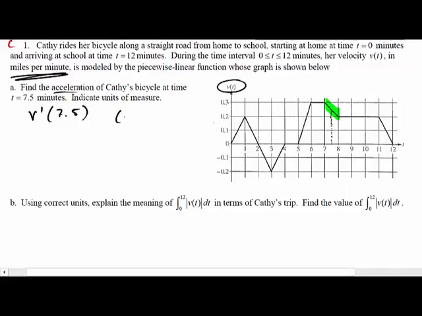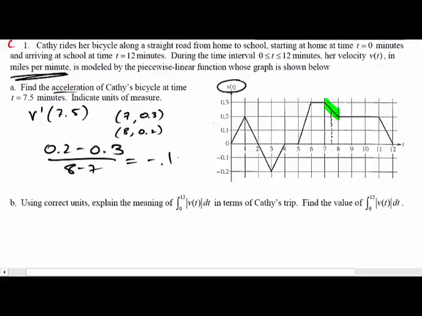I need (7, 0.3) and (8, 0.2). When I do my slope formula, I get negative 0.1. Now make sure you go back and see it says indicate units of measurement. Well, since miles per minute is what velocity is, miles per minute squared is your acceleration.